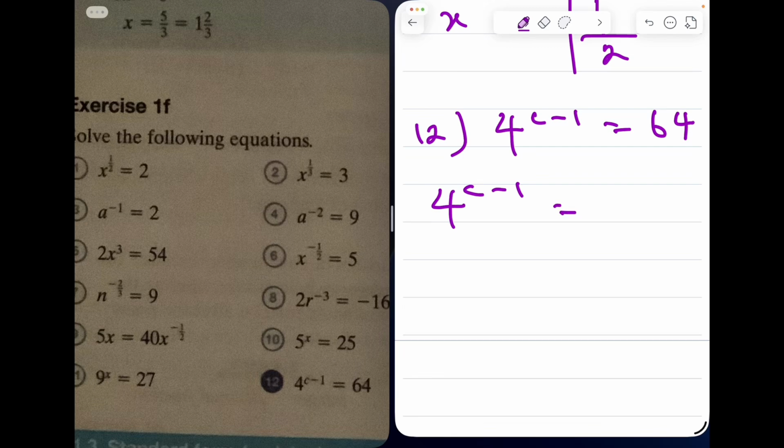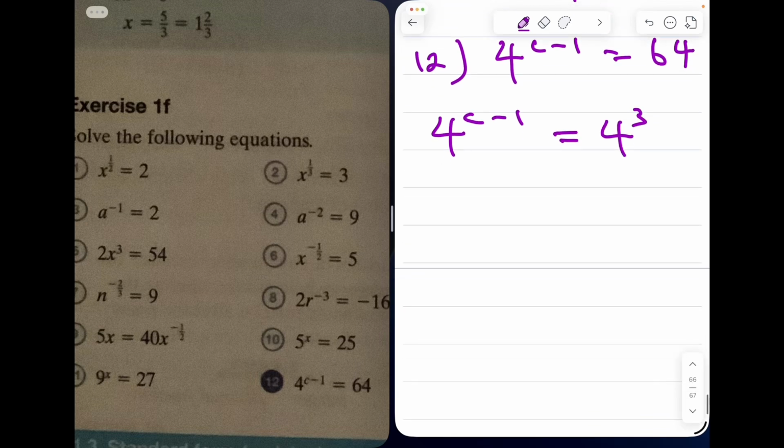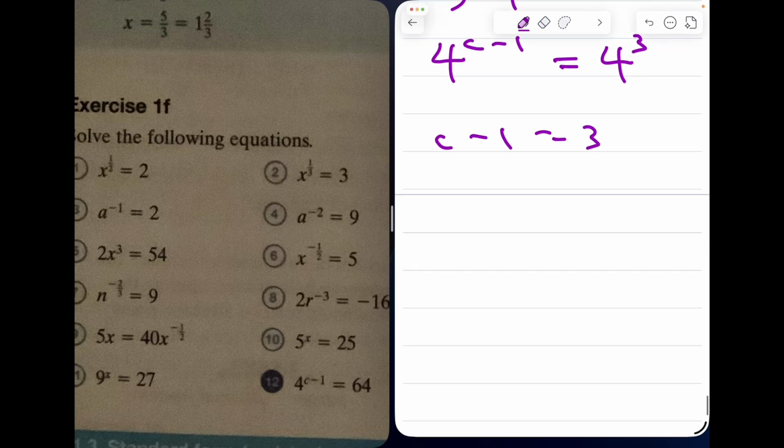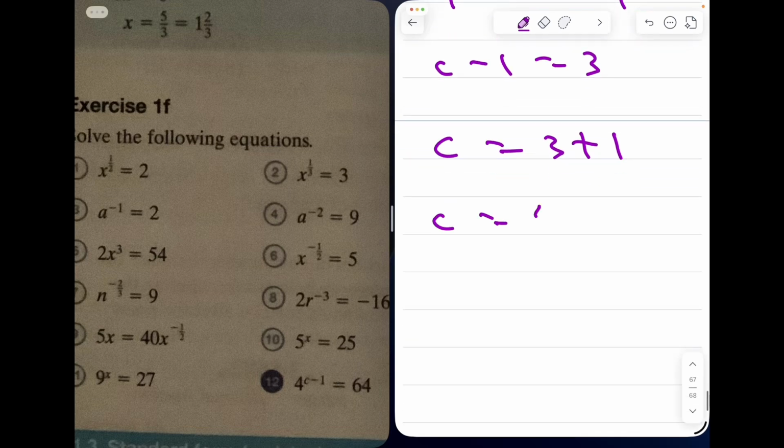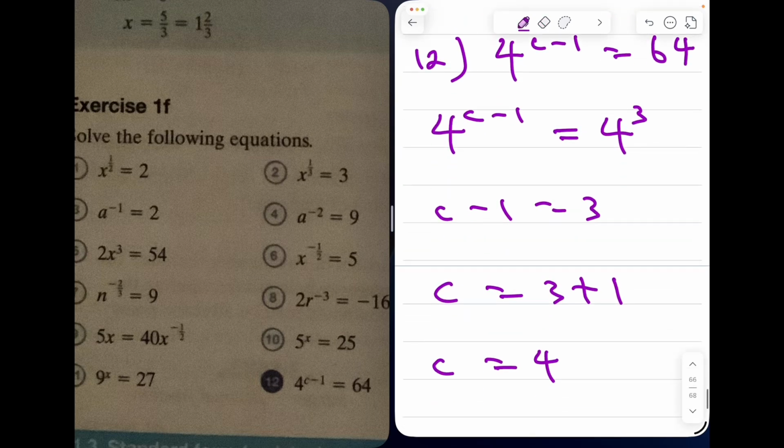That means 4 raised to the power c minus 1 equals 4 raised to the power 3, which means c minus 1 equals 3. The bases are the same, so we can equate the powers. That means c minus 1 equals 3, which means c equals 3 plus 1, and that means c equals 4. And that is it, very, very simply.